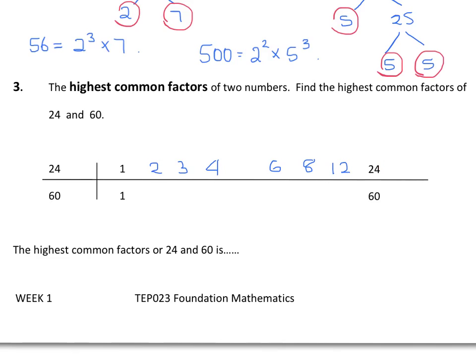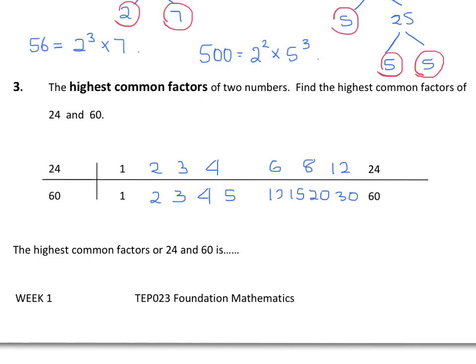Can I do it for 60? 1 times 60 is equal to 60. Look at the next prime. 2 times 30 is equal to 60. 3 times 20 is equal to 60. 4 times 15 is equal to 60. 5 times, does 5 divide into 60?